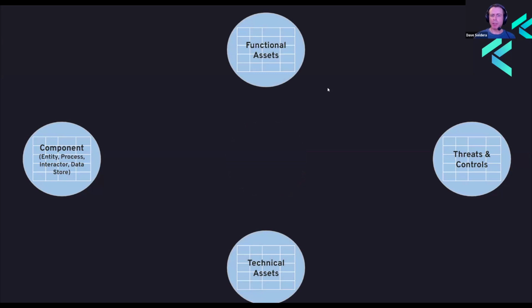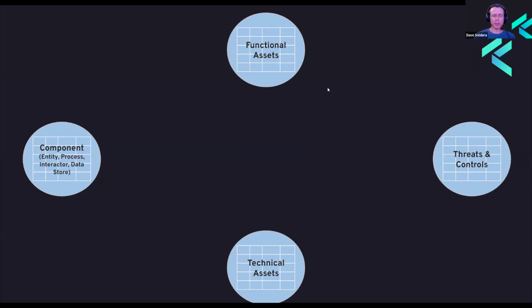So I actually split my assets into two things, functional assets and technical assets. When I referenced SABSA before, it talks about structuring information like this, which inspired me to do this. Functional assets for me are the business assets, the things of business value, the things you really want to protect from attackers, the things attackers are trying to get their hands on.